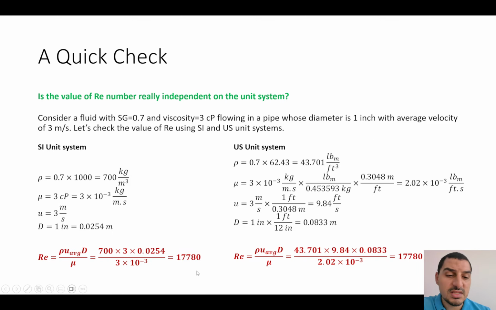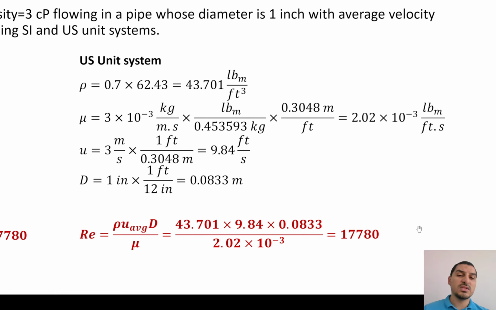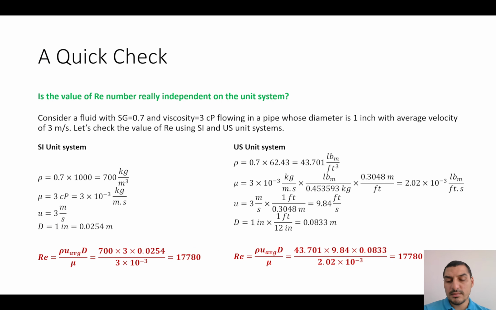You'll find that the number is the same. It's 17,780, and here it's also 17,780. So you're getting the same number no matter what type of system you're dealing with. This also confirms what we mentioned before, that dimensionless groups are defined only by the quantities, without the need of a unit to fully define the dimensionless number.